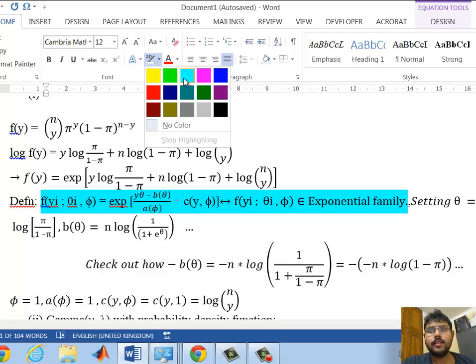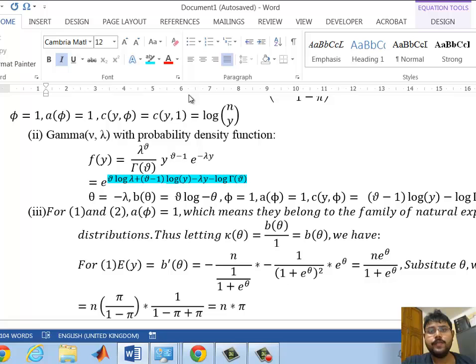That's a practice, that's a habit you'll have to develop yourself. Some time in your life, you'll have to justify these functions, so it's better you get into the habit.